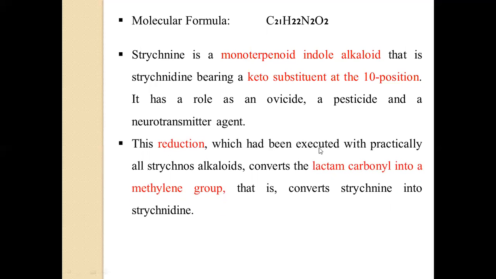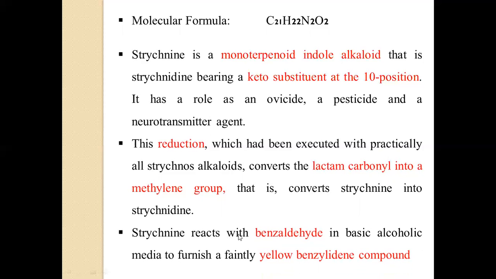Strychnine on reduction gives strychnidine, which converts the lactam carbonyl into a methylene group. So this strychnine, which has the carbonyl group, undergoes reduction and gets converted into strychnidine.